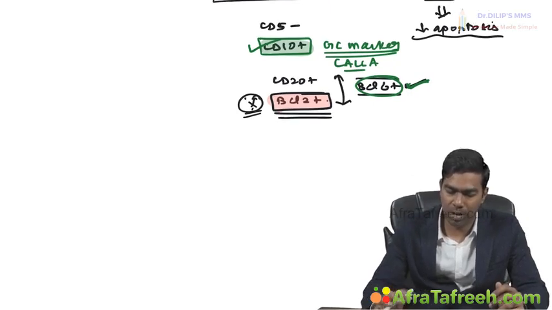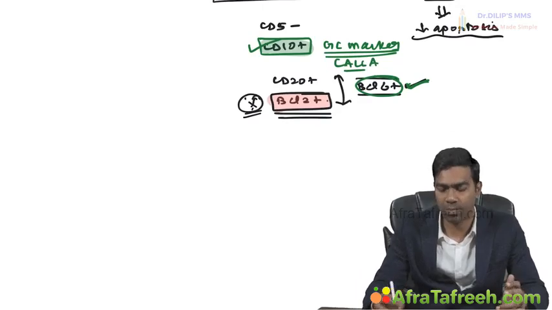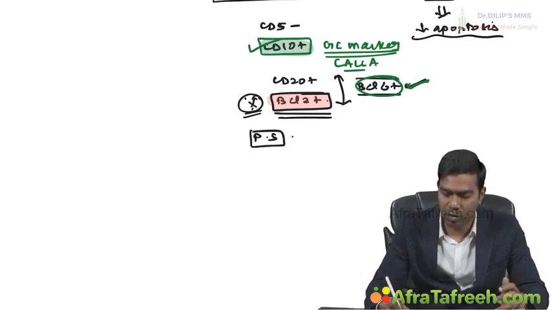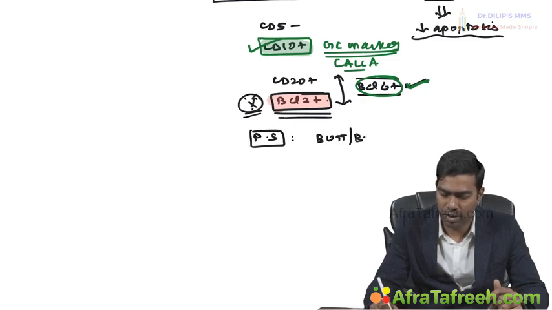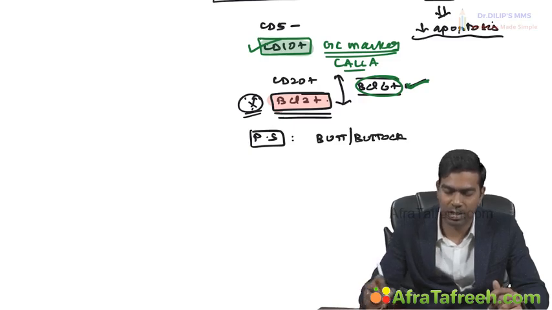So what can you see in the peripheral smear? There could be one characteristic type of cell called buttock cells, which I showed you. These are cleaved lymphocytes, cleaved cells.